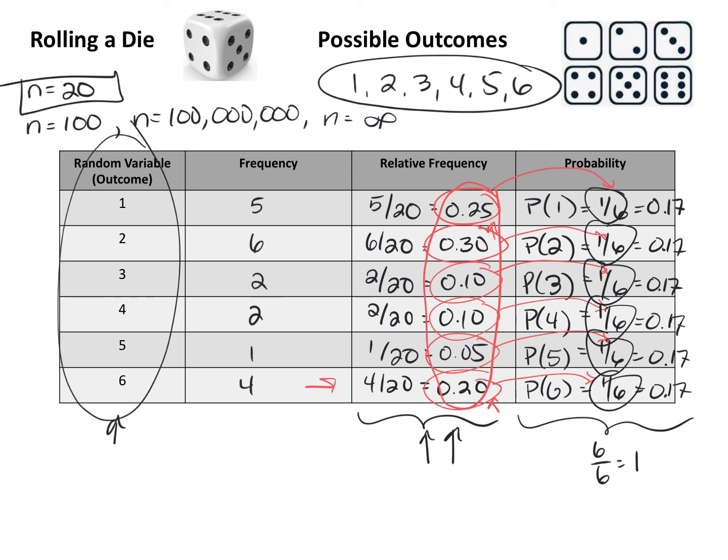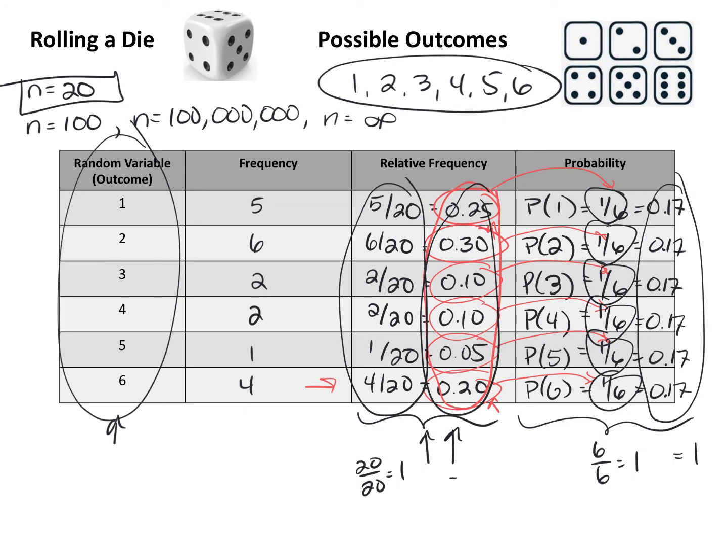The same thing goes if you add up all these decimals: that's also going to add up to 1. If you look at the relative frequency distribution, you'll see the same thing. When I add up all these fractions, I end up getting 20 out of 20, so the total probability is 1. And if I add up all these decimals, the total probability also adds up to 1.